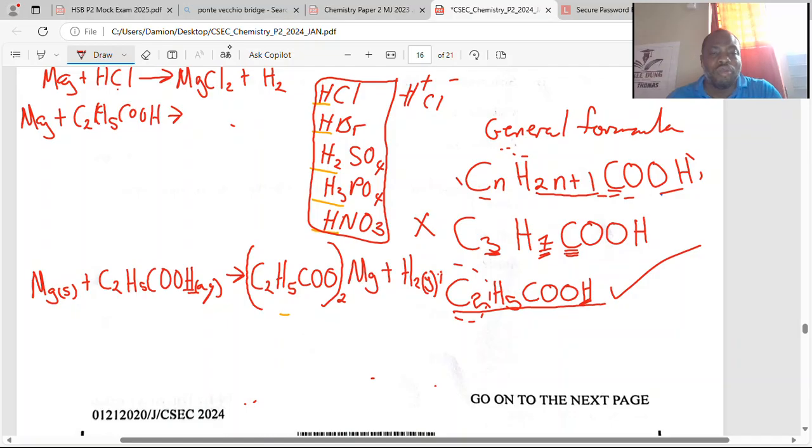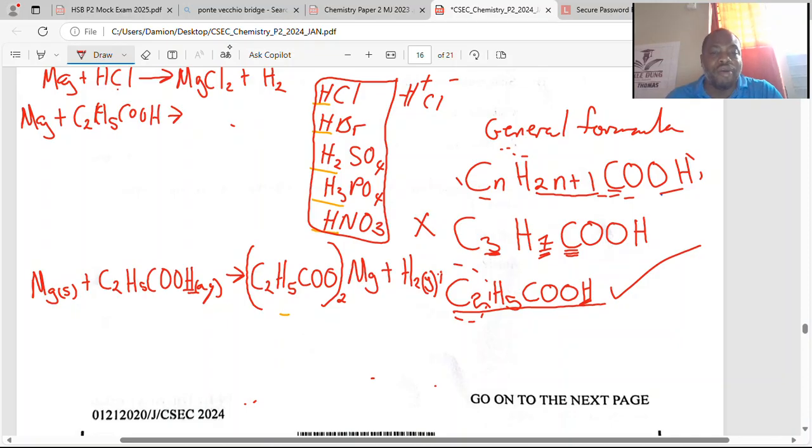Now, even though the magnesium, so this is the scenario, they can react it with calcium, they can say it reacts with sodium. Please remember that the anion in the acid comes before the metal in this case.